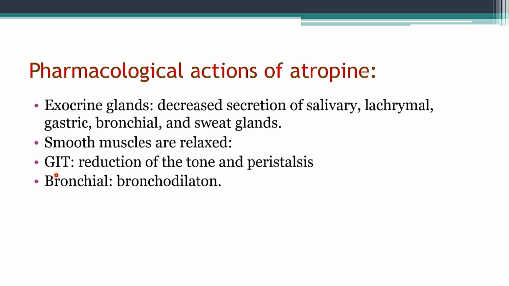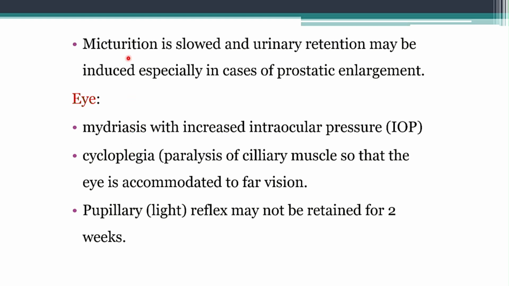In the GI tract, there is reduction of tone and peristalsis. On the bronchial tree, bronchodilation. On the urinary bladder, micturition is slowed and urinary retention may be induced, especially in cases of prostatic enlargement.